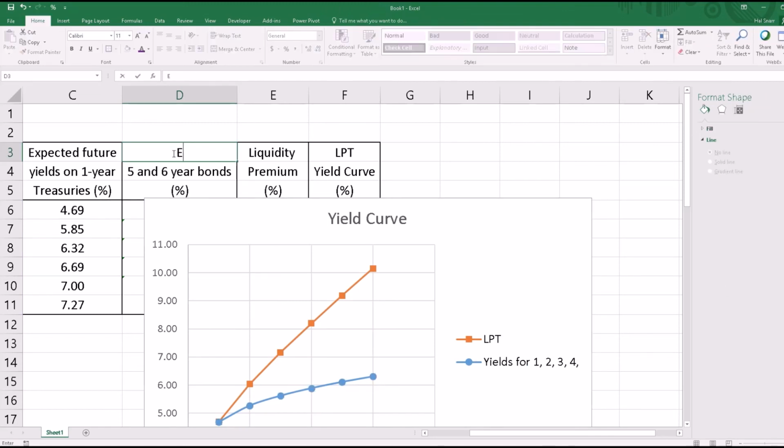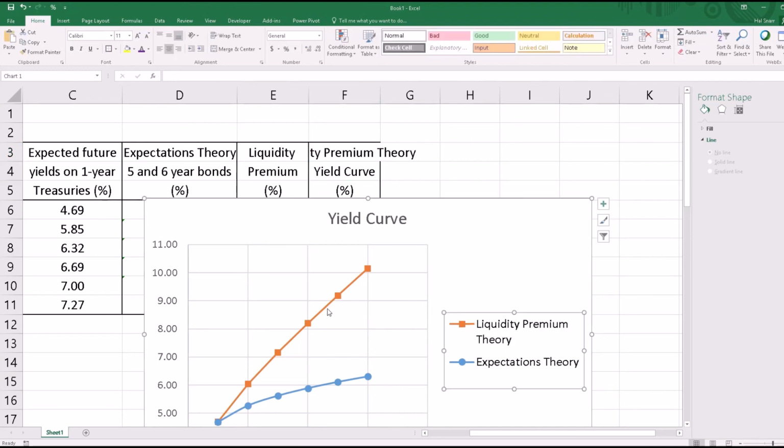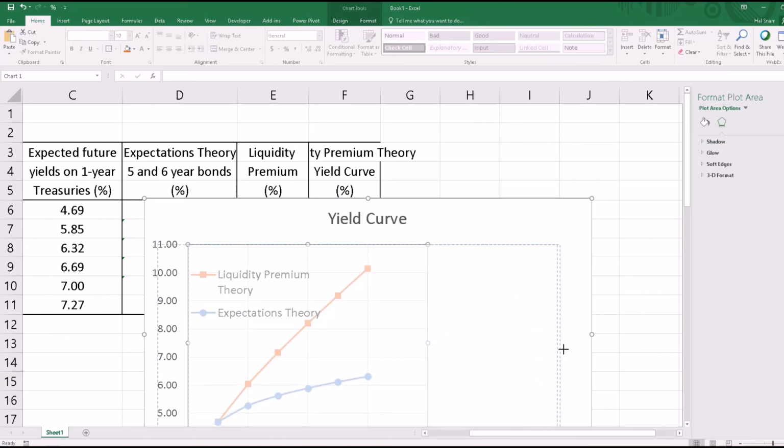We'll call this expectations. Okay. And we'll call this liquidity premium. Okay, and then we can move this legend over here and then widen this up.